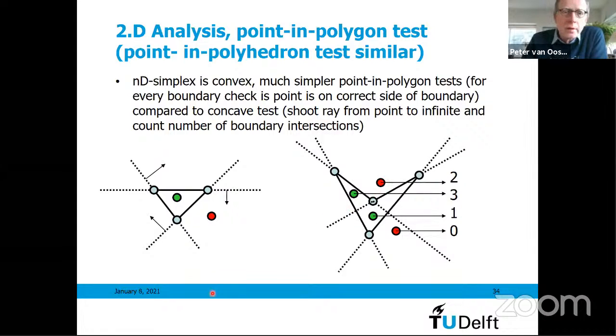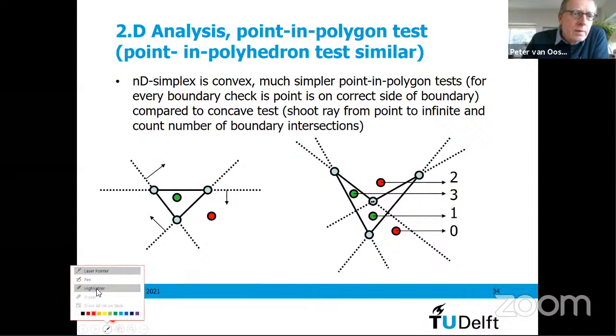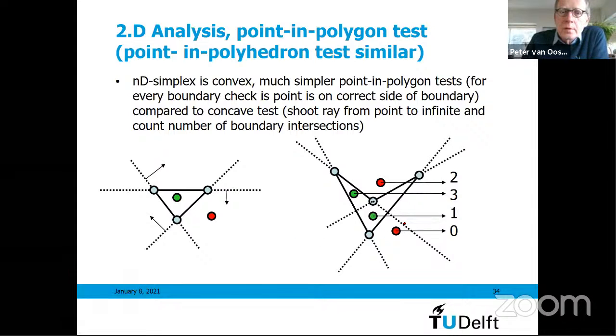I did draw clean cases now, but what happens if you would have a point, where is my pointer? Over here. If you would have a point here, it would go in this direction. Do you count this point for 1, for 2?